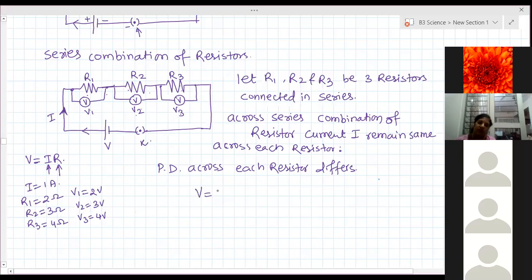So V is equal to V1 plus V2 plus V3. This is what we got from experiment. Clear? Yes, ma'am. V is equal to the sum of all the potential differences. Right? Clear till this point?